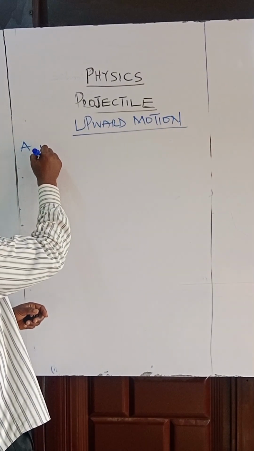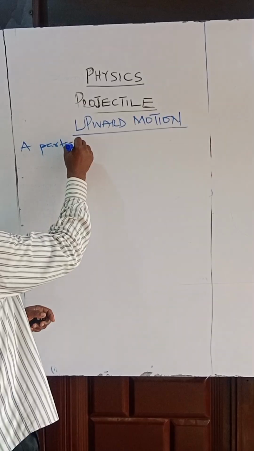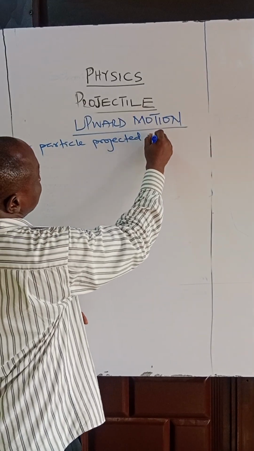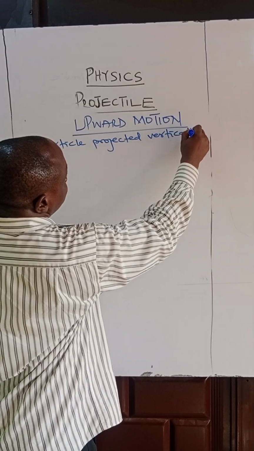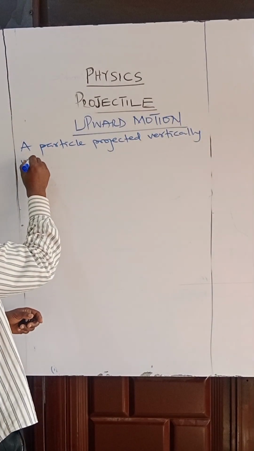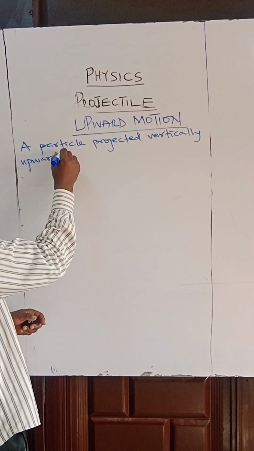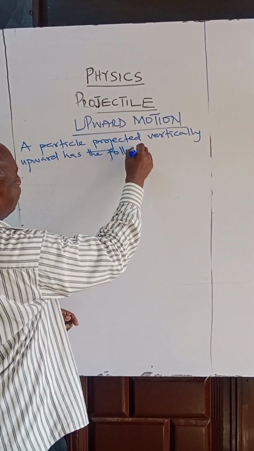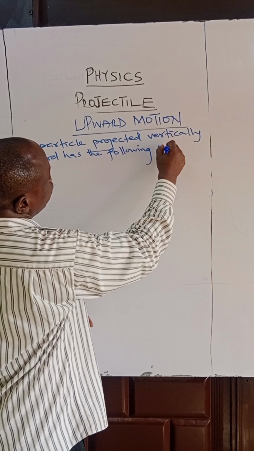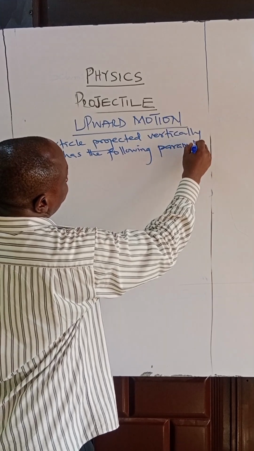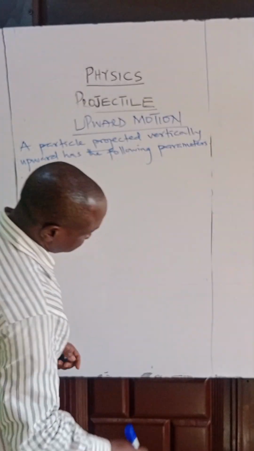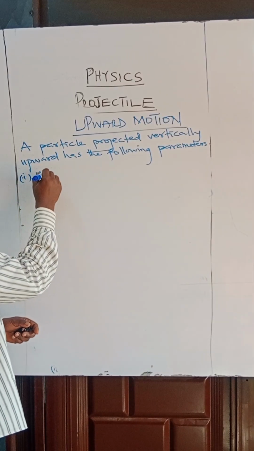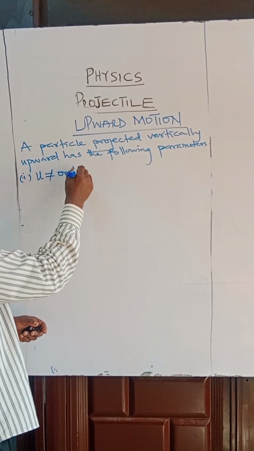A body or a particle projected vertically upward is characterized by the following parameters. One, u is never equal to 0 meter per second.